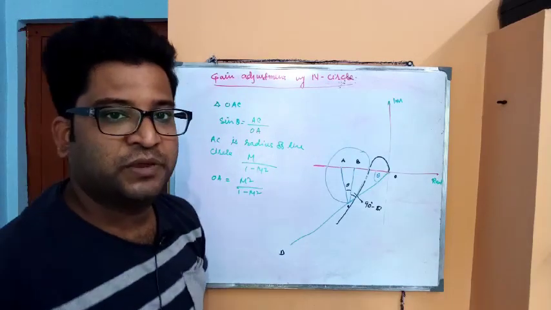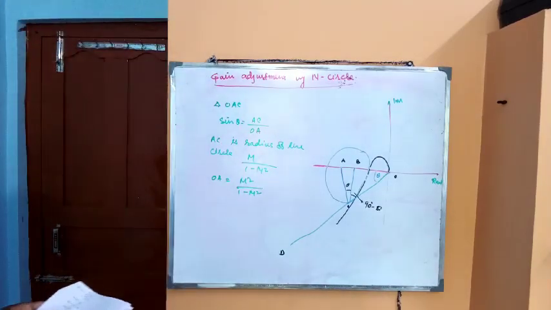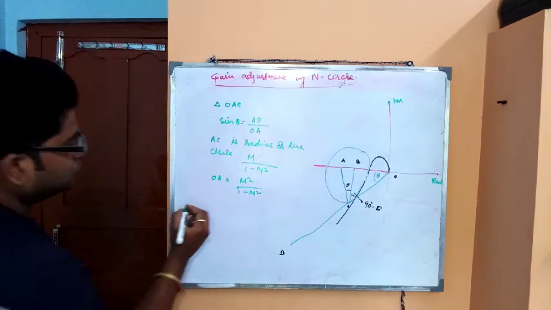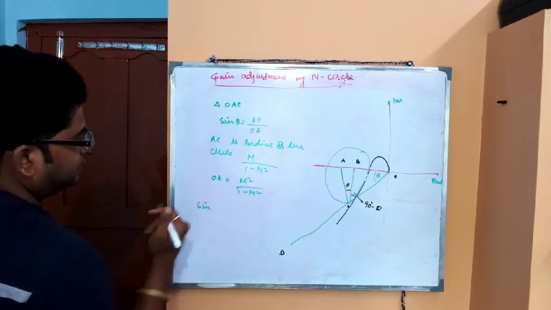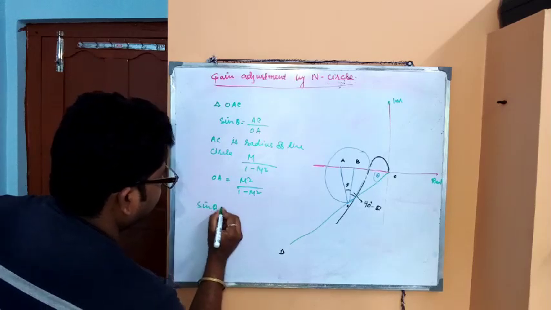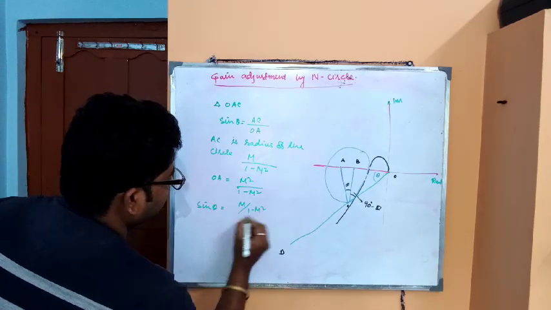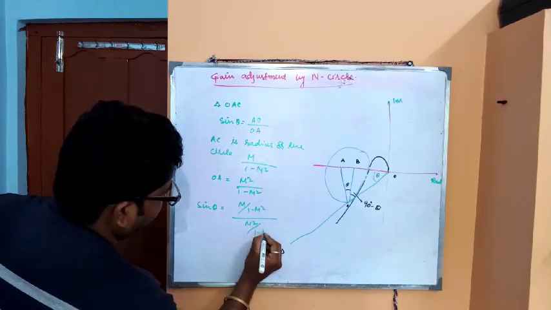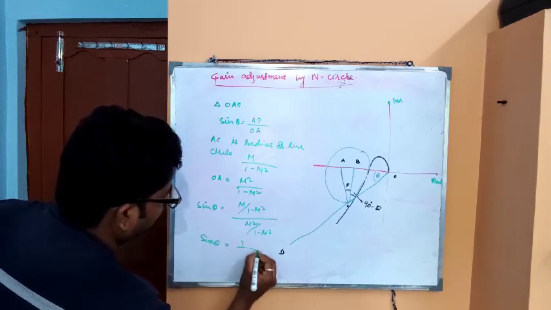Okay. From here, now sin of theta, just replace the values of AC and OA. So sin of theta is equal to AC, that is M divided by 1 minus M square, and OA, M square by 1 minus M square. So sin of theta is equal to 1 upon M.